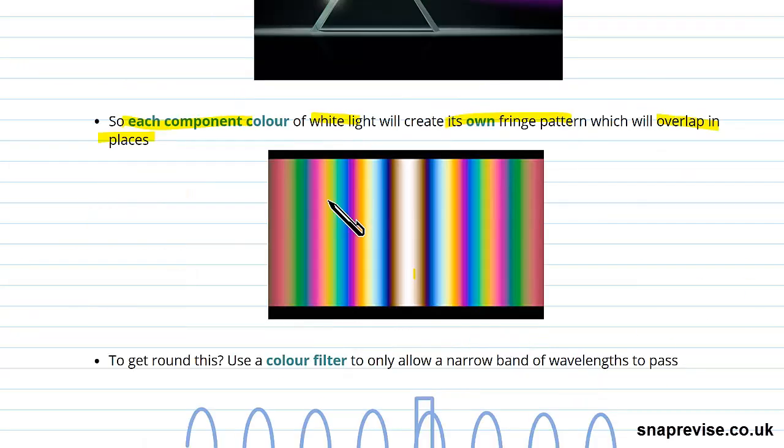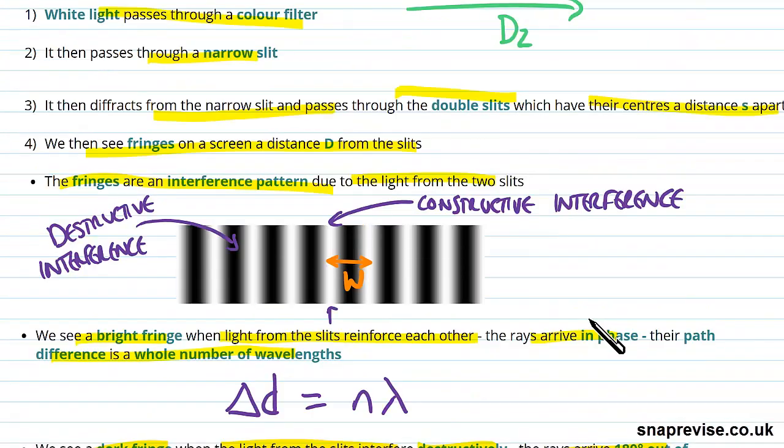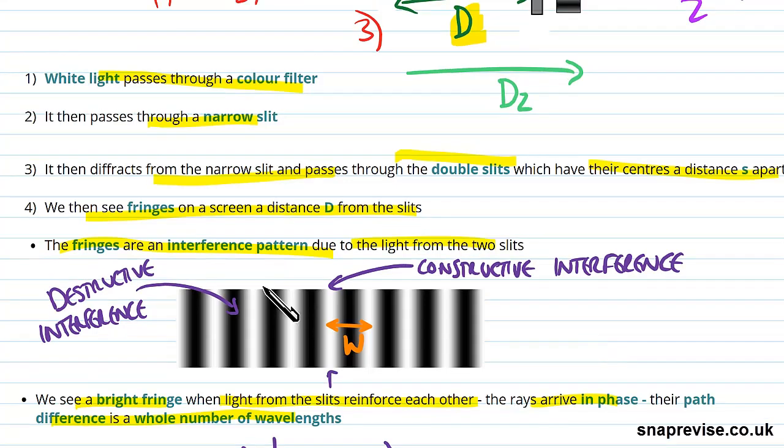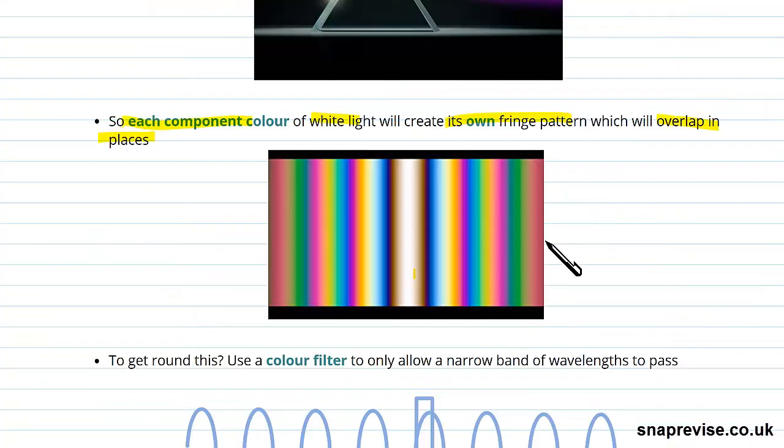We're going to get this kind of chaotic thing, where the reds have a longer, wider fringe spacing than the blues, and it all gets very confusing. It's perhaps very nice to look at, but it certainly doesn't tell us much about light's interference patterns itself. It doesn't produce this really clear pattern we get up here, where we've just got white fringes and dark fringes, because they're constantly overlapping.